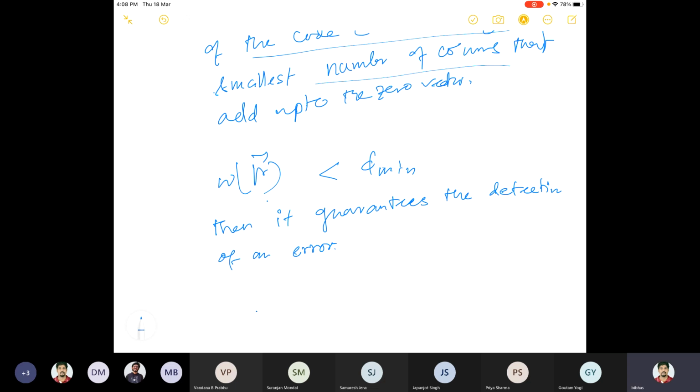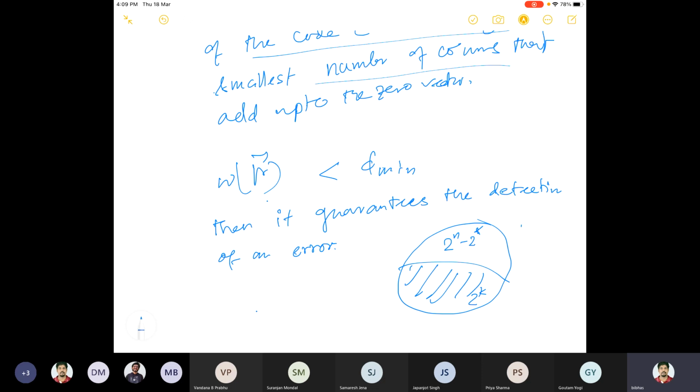And another thing is, this is 2 to the power k elements. So here there are 2 to the power n minus 2 to the power k entries. In fact, there is a common entry which is the 0 vector.